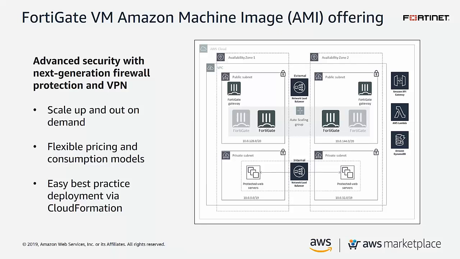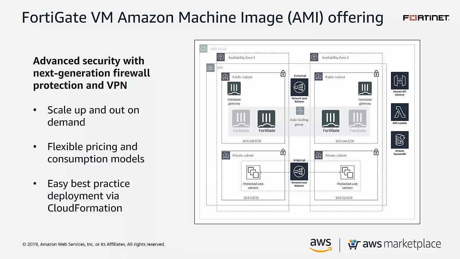One of the great things about using something like Marketplace to get this is, if you look at the diagram now, we've got two FortiGates in the middle that are solid color, and then we've grayed them out on the side. Rather than buying 4 licenses, say, and not using 2 of them sometimes, or maybe buying 2 and then having to quickly buy another 2, we can use hourly pricing from Marketplace and pay for all those hourly.